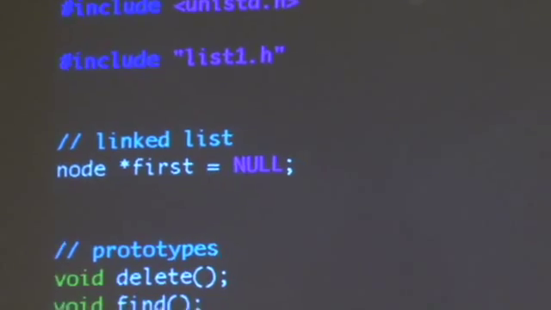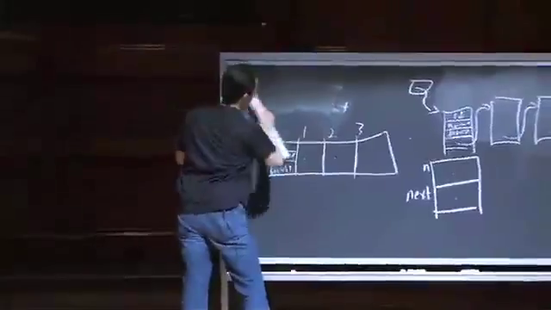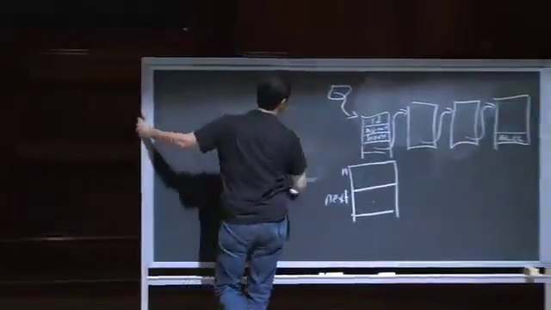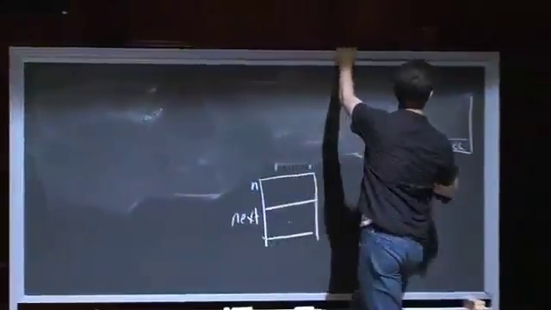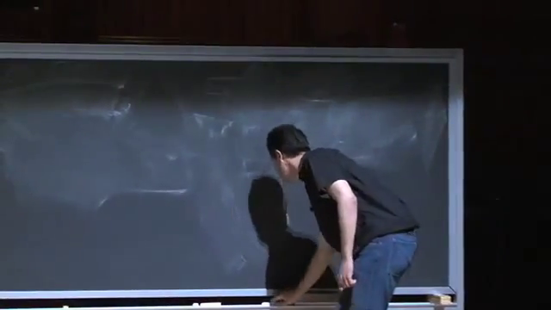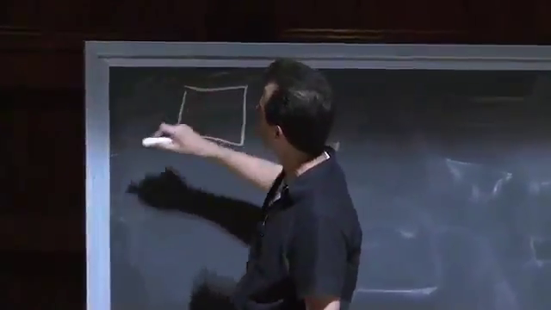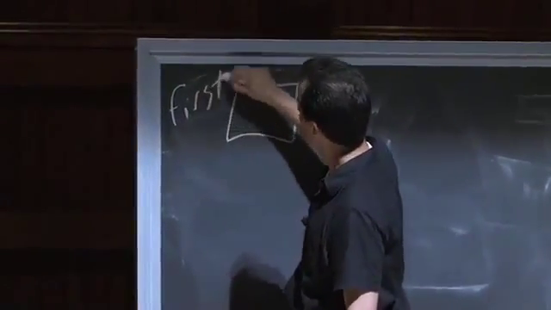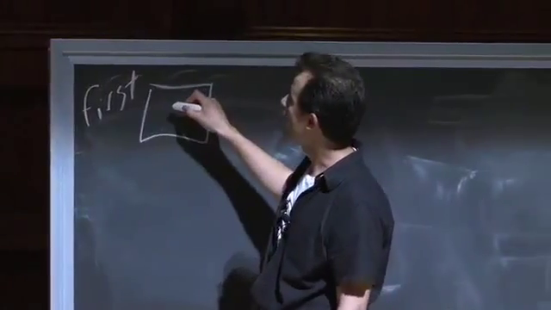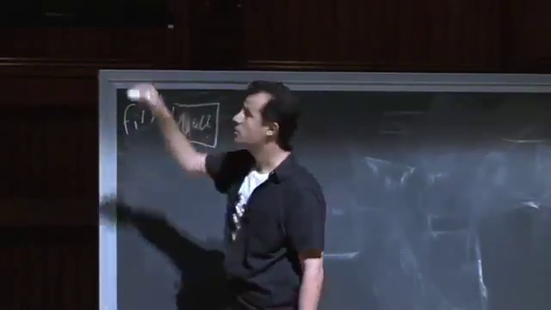Which is to say, in the context of a data structure like this, if we simply want to create a new list or represent a new list, we won't have had occasion to call malloc yet, so we won't have any valid addresses. So we simply need to declare 32 bits of memory. We will call this apparently first. And what's going to be inside of it? Well, unless we assign it a value, it's going to have junk in it. So that's why in this case we've initialized it to null.